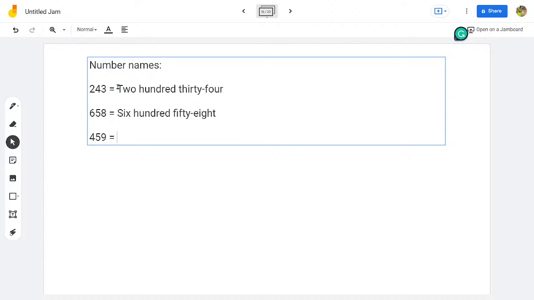So that could be written as 459. So these are the numbers that can be written as in their number names, and there are many more. We can write all the numbers in their number names. So that was a sort of practice.